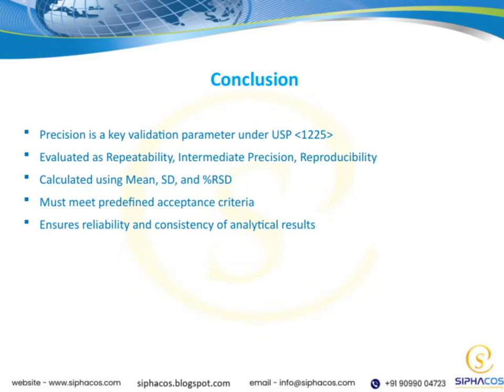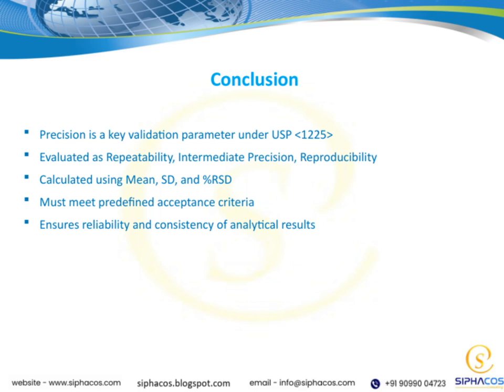Let's wrap up with the importance of precision as a key validation parameter under USP 1225. Precision basically tells us how consistent our analytical results are when we repeat the measurements under the same conditions. We evaluate precision in several ways.